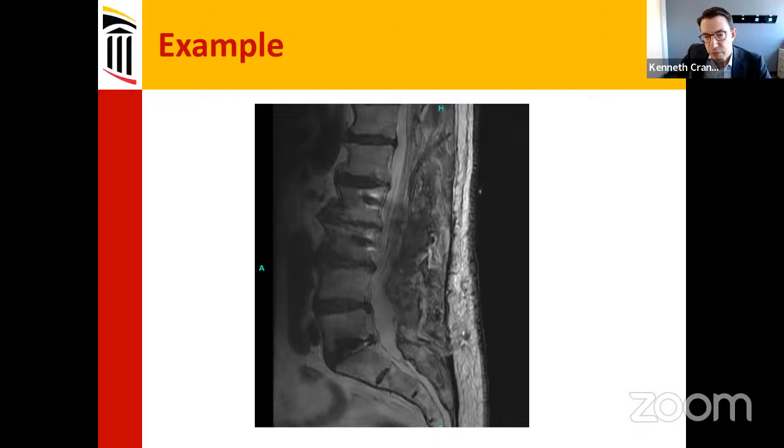So my theory is that because he had such severe lumbar stenosis for a prolonged period of time, he developed some arachnoid adhesions intradurally. And then when we decompressed him, those arachnoid adhesions filled with CSF.